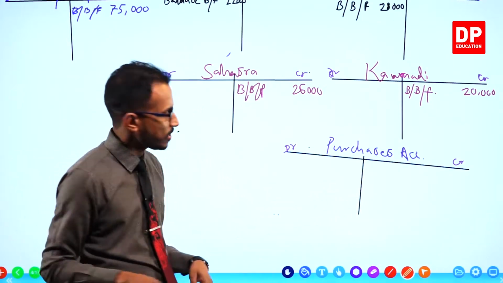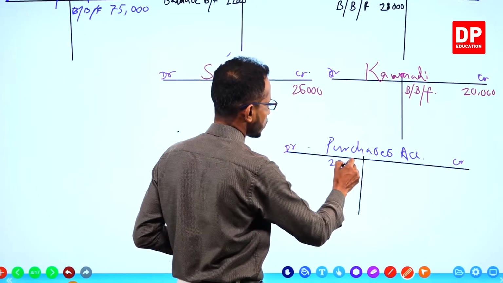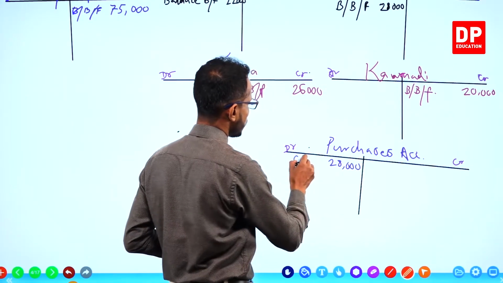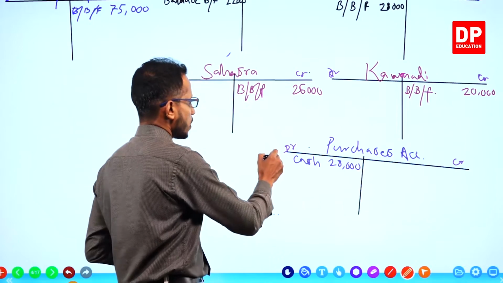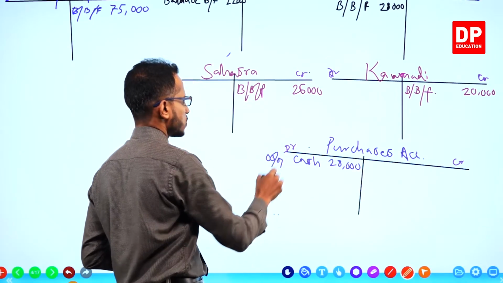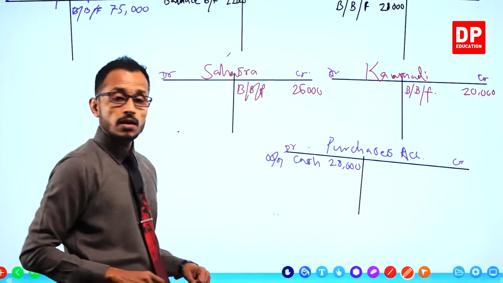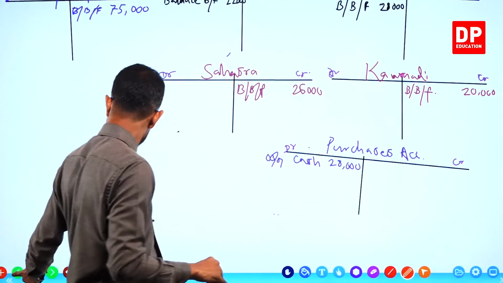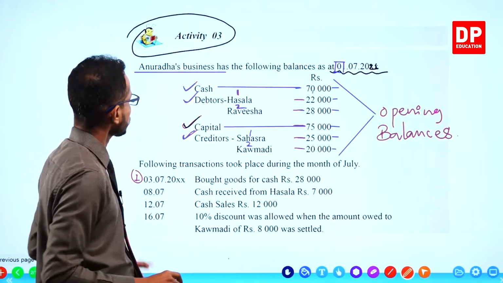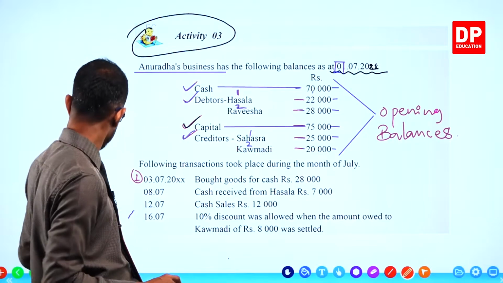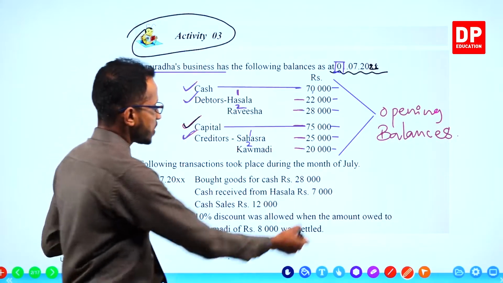There is no doubt about that. 28,000. Here the description is cash. 3rd, 7th. Done. This is done.